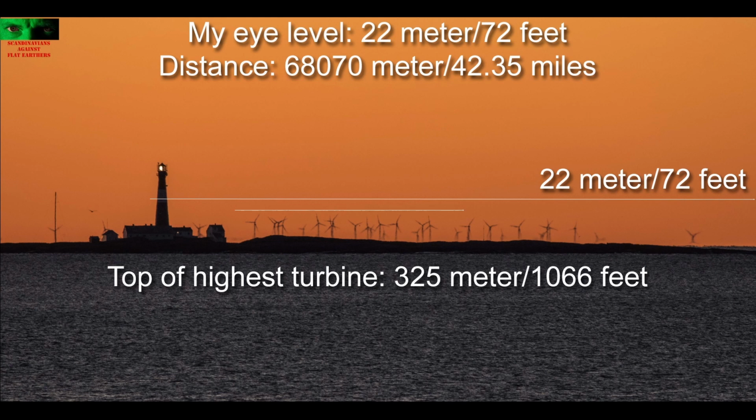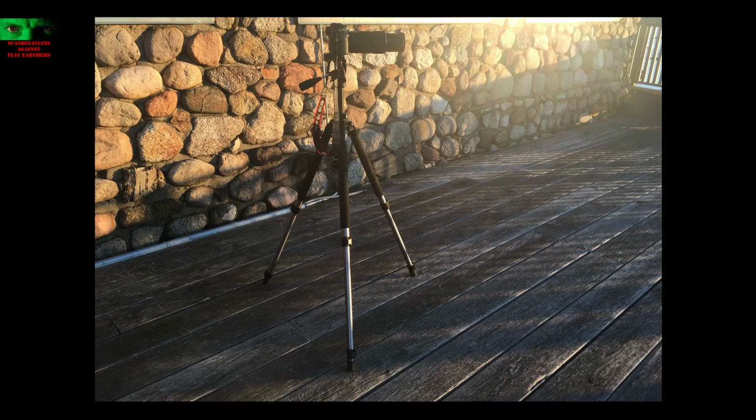So this is the photo I shot with my eye level at 22 meters. That's about halfway up that lighthouse, which is 47 meters. So yeah, these turbines are 325 meters tall, 68 kilometers away. And you said I used a theodolite. Nah, this is my camera, Canon EOS 7D Mark II.